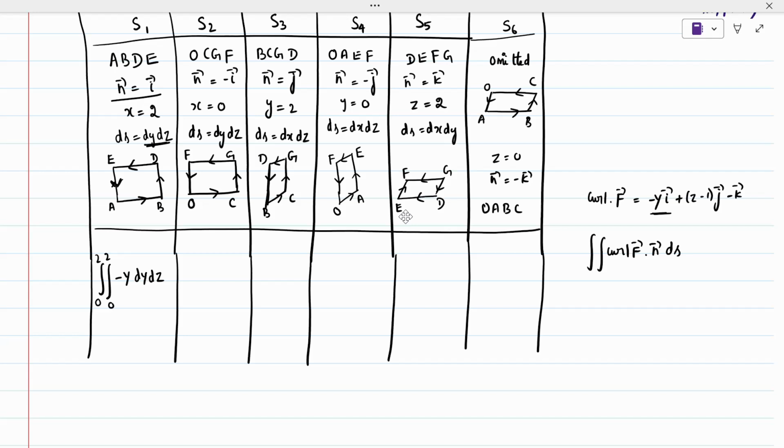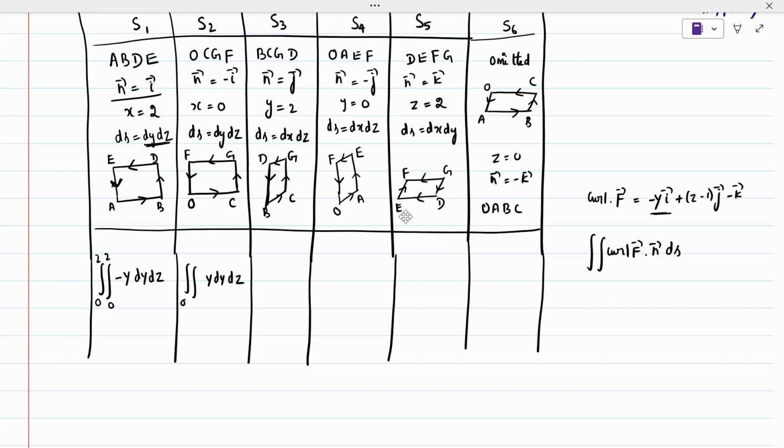Whether it is x or y, you don't bother at all. Same way at x equal to 0, same curl f, so now n vector is minus i vector. So minus times plus will be coming, so plus y. So same double integral over y dy dz.